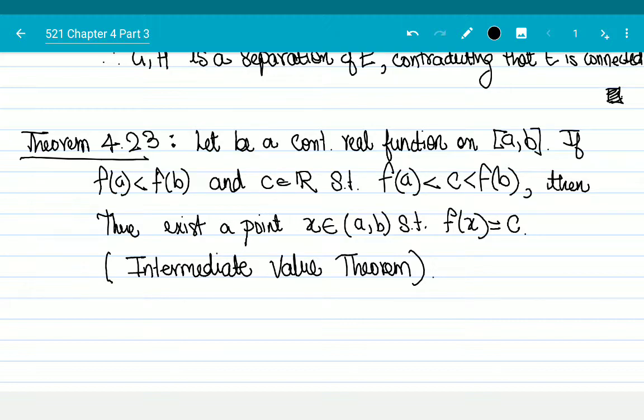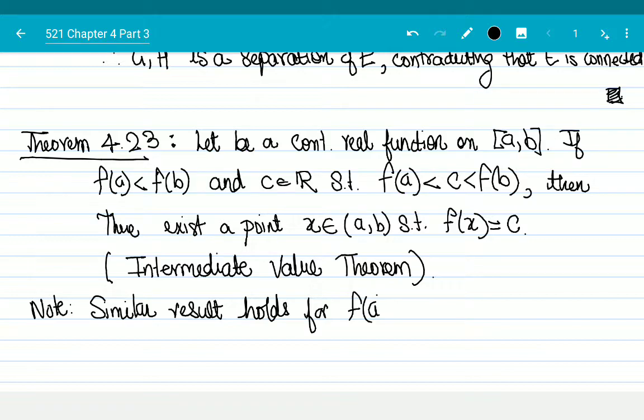This is the intermediate value theorem. Note: a similar result holds for f of a greater than f of b.